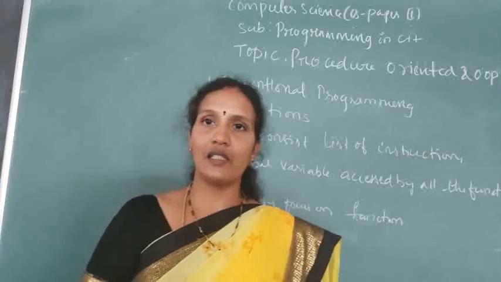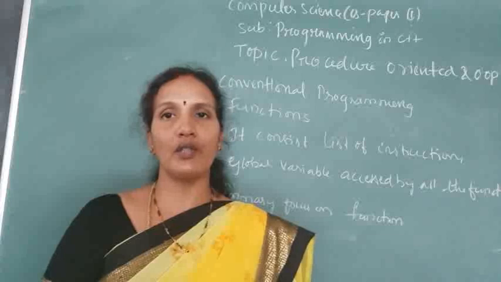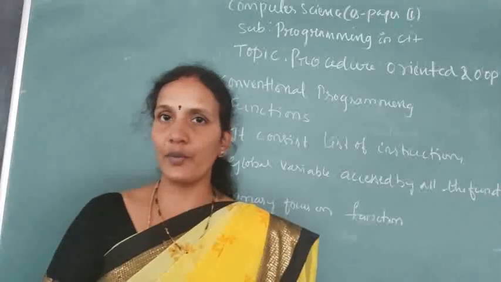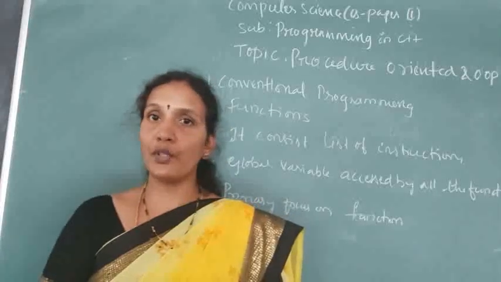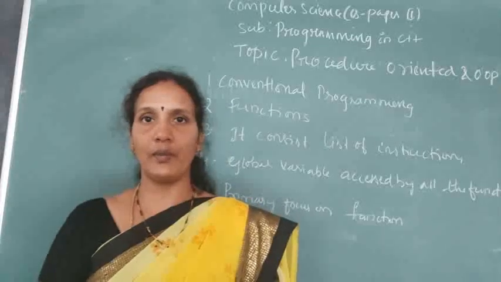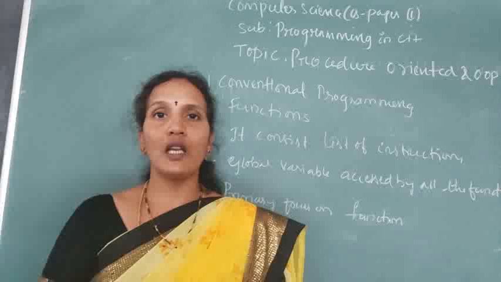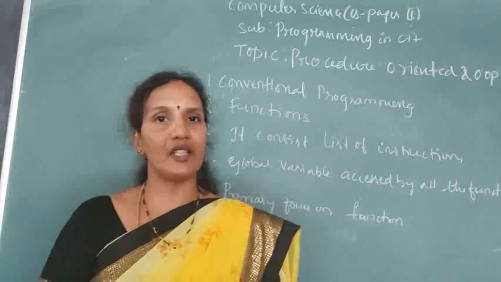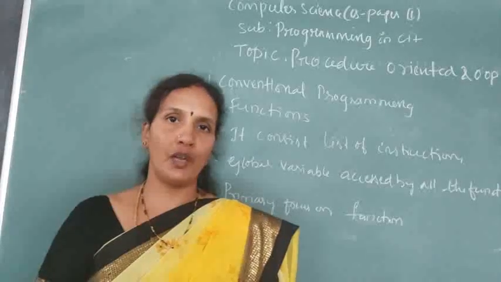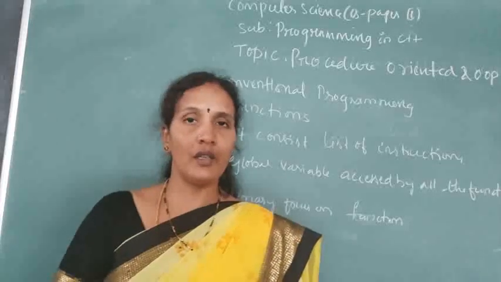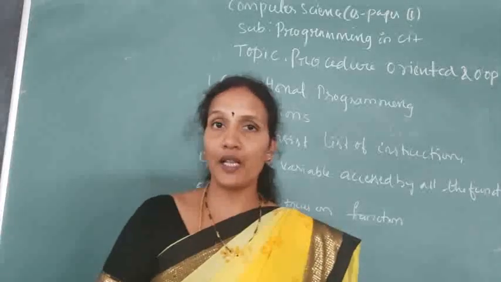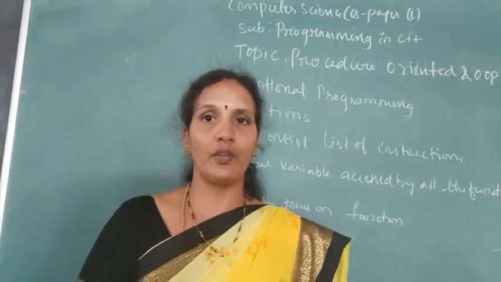In this class, I am going to explain procedural oriented programming and object oriented programming. As I already said, C++ is an extension of C programming. But C is called a procedure oriented programming, whereas C++ is called an object oriented programming.